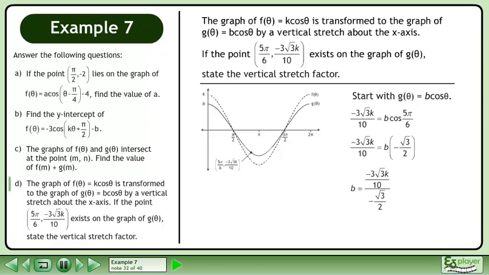Isolate b by dividing both sides by negative root 3 over 2. Multiply the numerator by the reciprocal of the denominator. Simplify. Reduce the fraction to get 3 over 5 k.